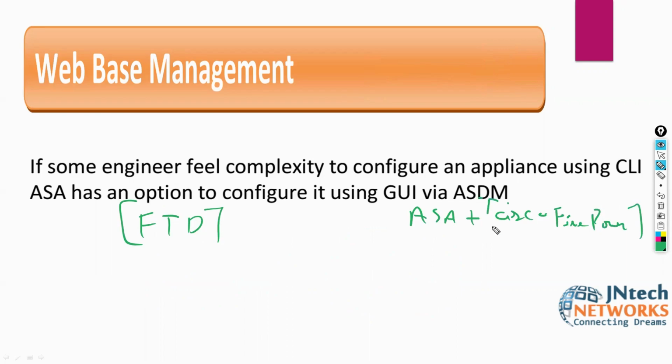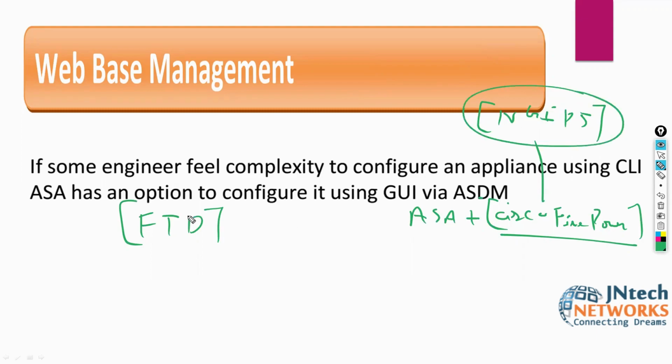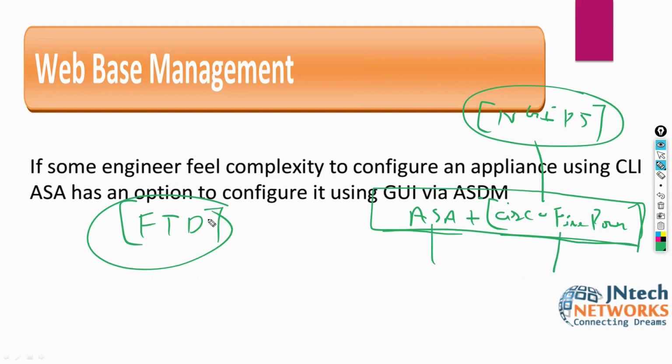What is Cisco Firepower? It's an NG-IPS, next generation intrusion prevention system. So it's an IPS device. So FTD is a combination of Cisco ASA and Cisco Firepower. Right. Cisco combined these two engines and created a single box.